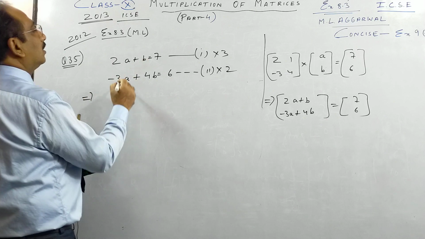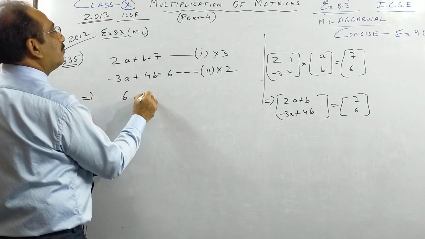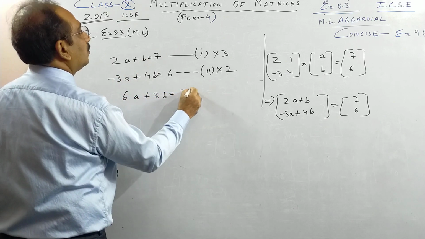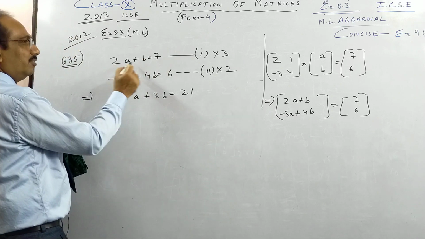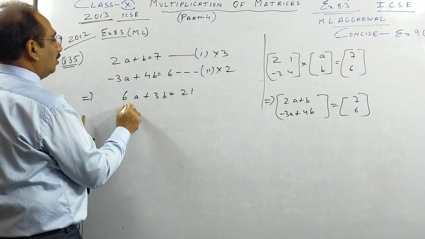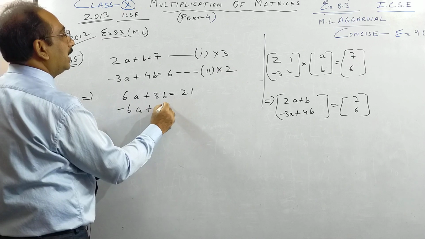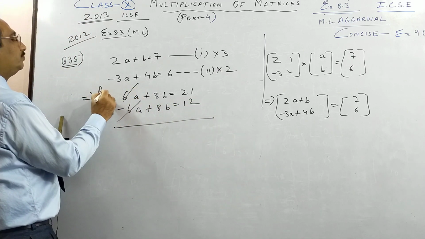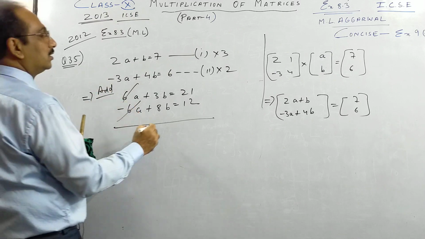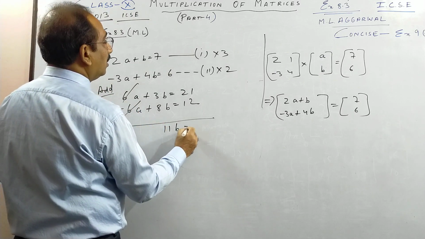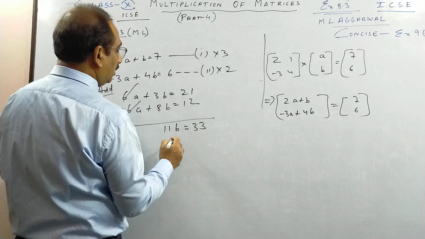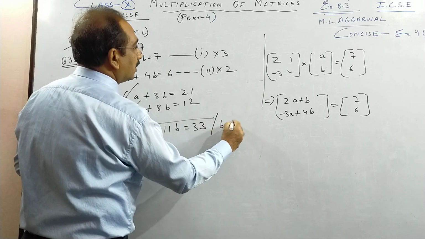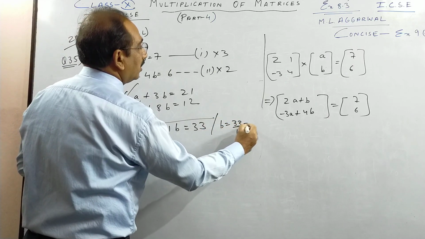So what do we get? 6a plus 3b is equal to 21. Each term will be multiplied by 3. Minus 6a plus 8b is equal to 12. So when you add, these two cancel. So I have 11b is equal to 33. So b is equal to 33 by 11, which is 3.